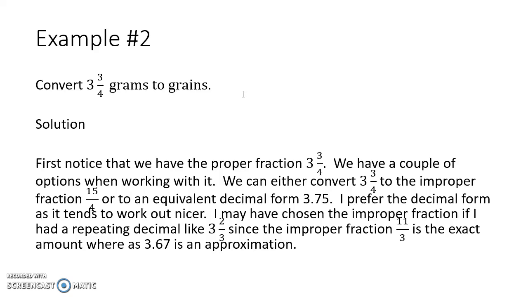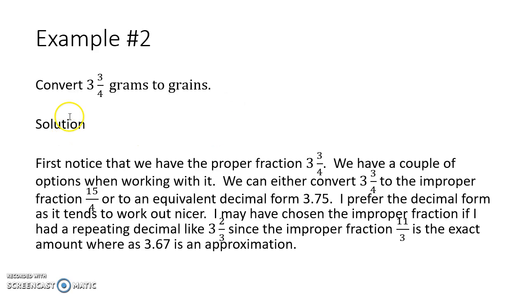However, sometimes it's better to use those improper fractions, and we'll do an example of that one next. I'll use the improper fractions when I get something that has a repeating decimal, like a 0.6666 that goes on forever, or a 0.3333 that goes on forever. In those cases, since we're dealing with exact measurements, it's really important to use the improper fraction.